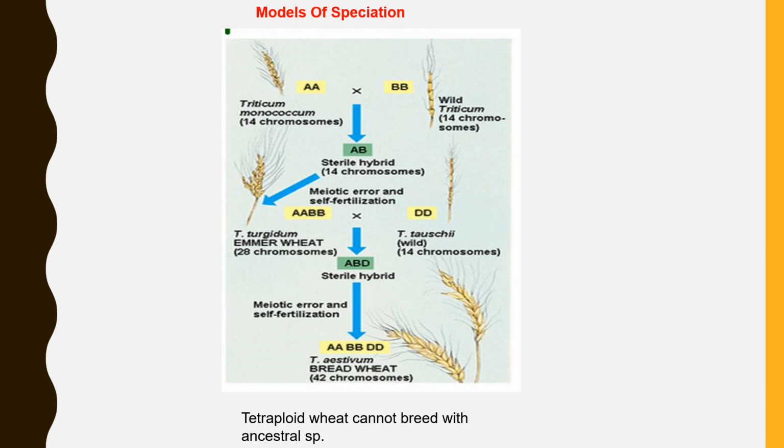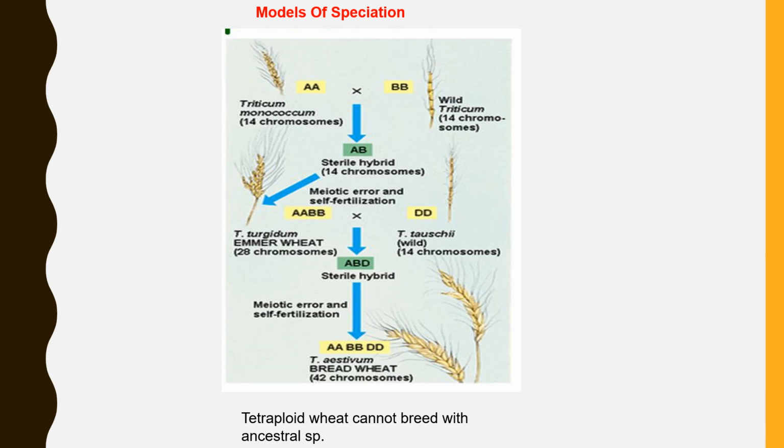The A set of genome is derived from Triticum monococcum, the B set from a wild Triticum species. Fertilization of these two led to the formation of sterile hybrids AB. Doubling of this led to the formation of the emmer wheat with genomic constitution AABB.